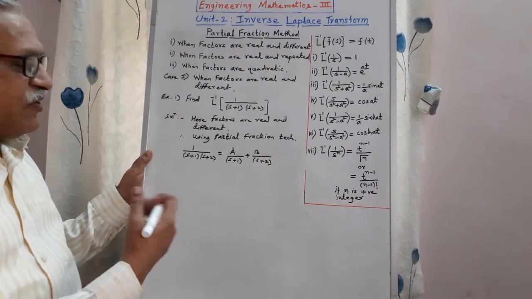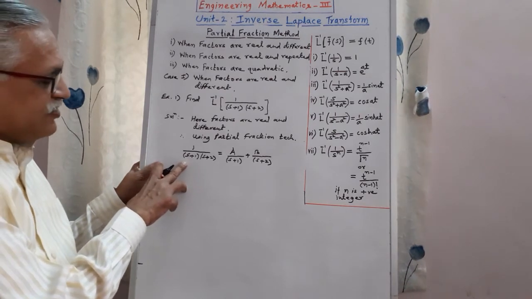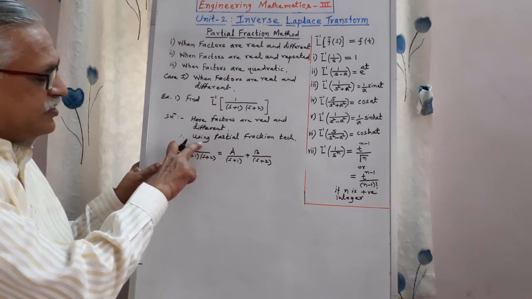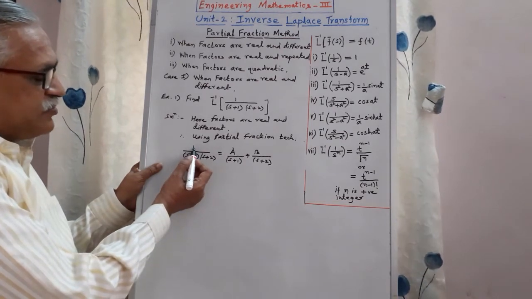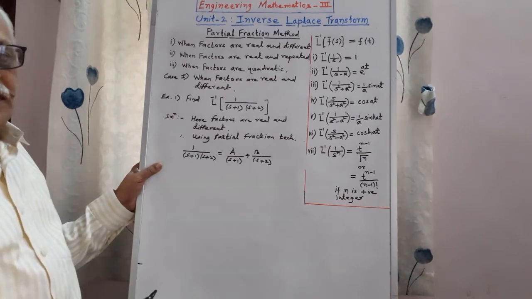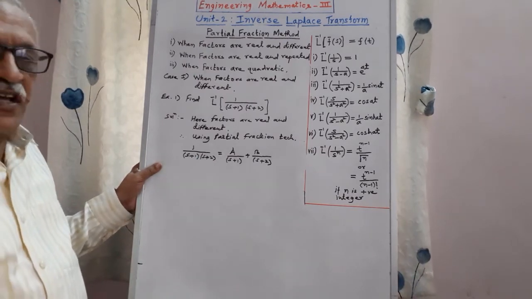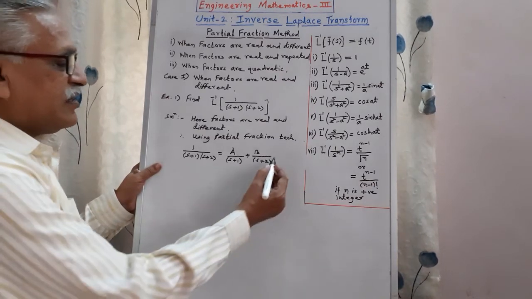And we can apply partial fraction if it is a proper fraction. Proper fraction means the degree of numerator must be less than degree of denominator. Here the degree of numerator term is 0 and degree of denominator term is 2. 0 is less than 2, that's why it is proper fraction. And as it is proper fraction, we can perform partial fraction.